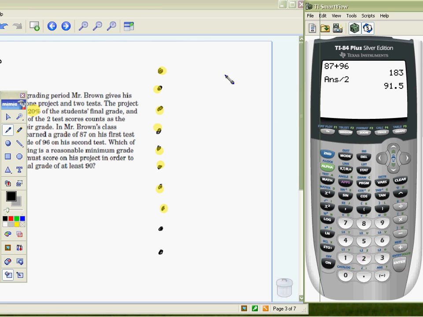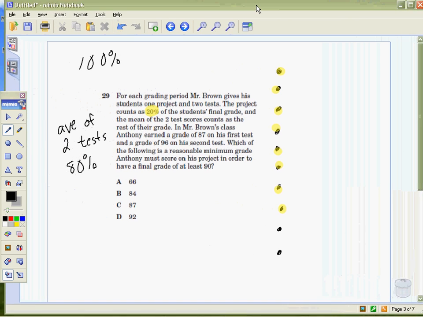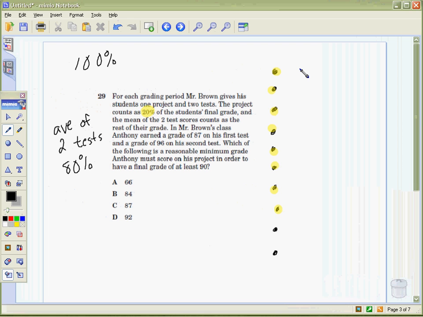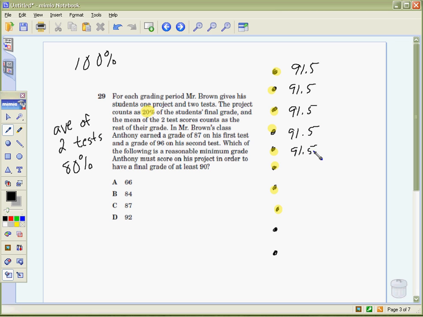We get 91.5. So 8 of these are going to be 91.5. So there's my 10, 20, 30, 40, 50, 60, 70, 80% of my test averages.